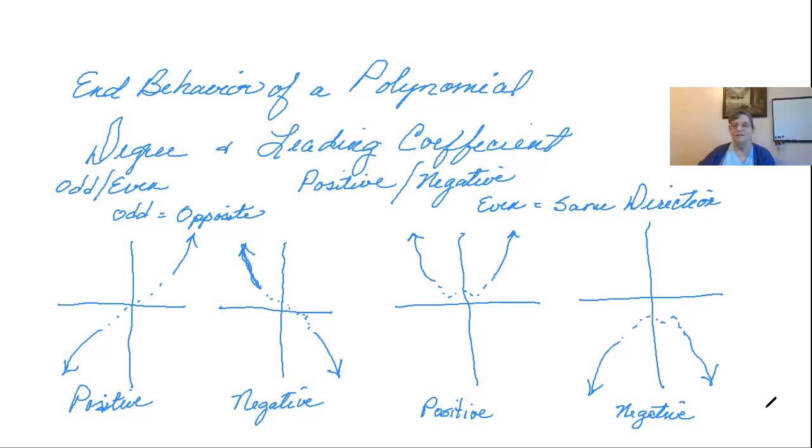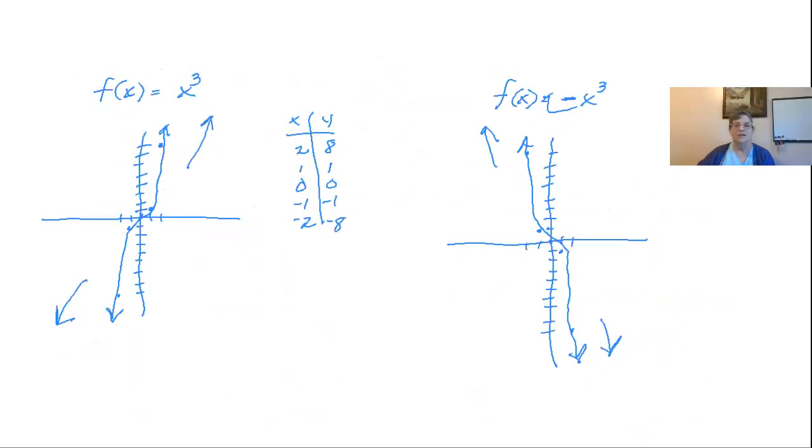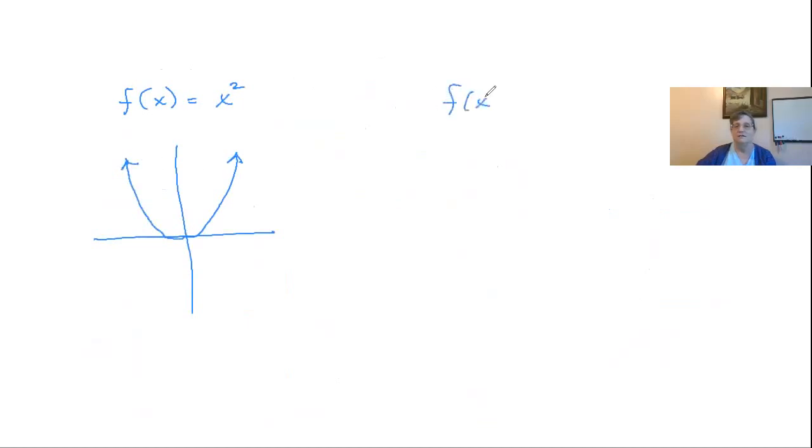For instance, if we look at just f of x equals x squared, the graph's going to look like this. F of x equals a negative x squared.